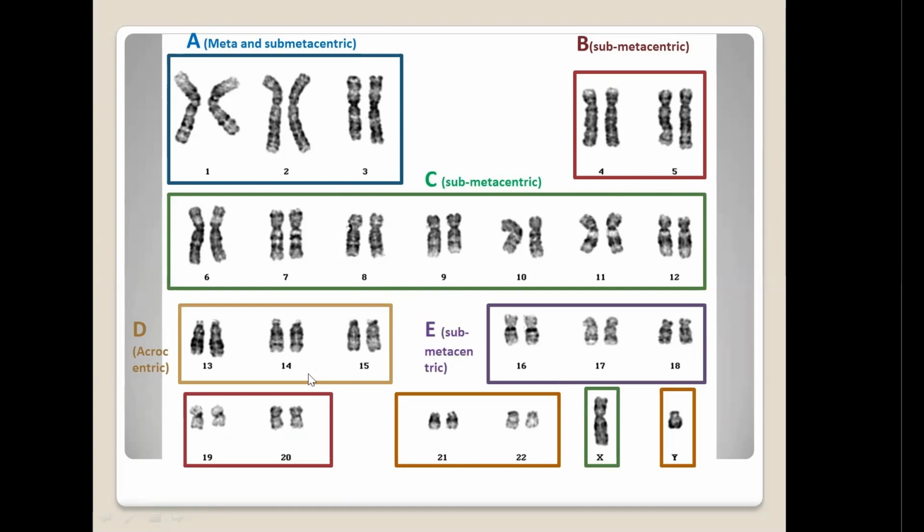Then group E includes chromosomes 16, 17, and 18, and all are submetacentric. Then group F, which includes metacentric chromosomes 19 and 20. Chromosomes 21 and 22 are included in group G. And lastly, sex chromosome X, which is a C group chromosome, and Y, which is a G group chromosome.